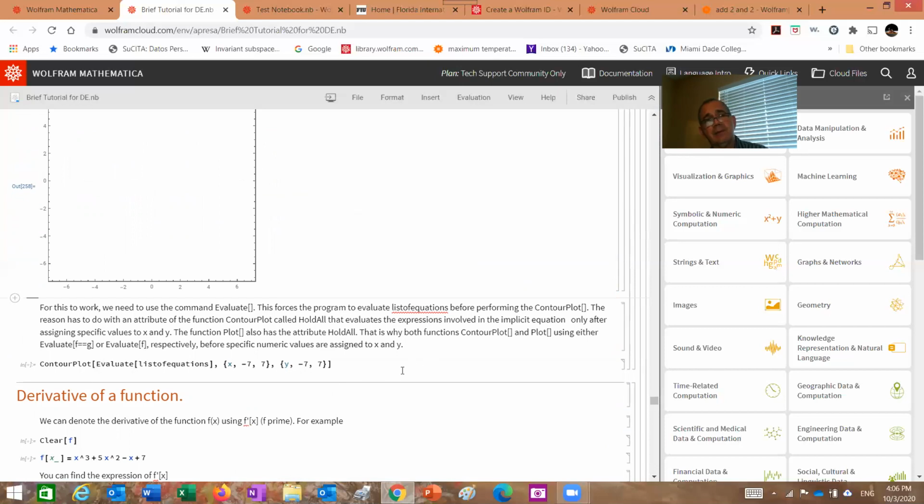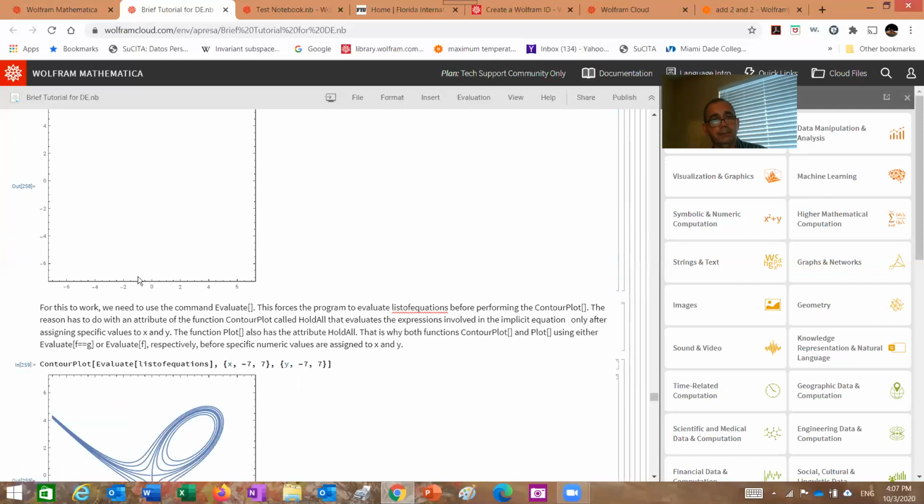Because there is a problem with the order of the evaluations. Those functions, Plot and ContourPlot, have an attribute which is called HoldAll, that postpones some evaluations, and in this case it doesn't work very well for us. But if you use Evaluate, this is going to do all these evaluations before they are needed, and then it is going to be able to graph it.